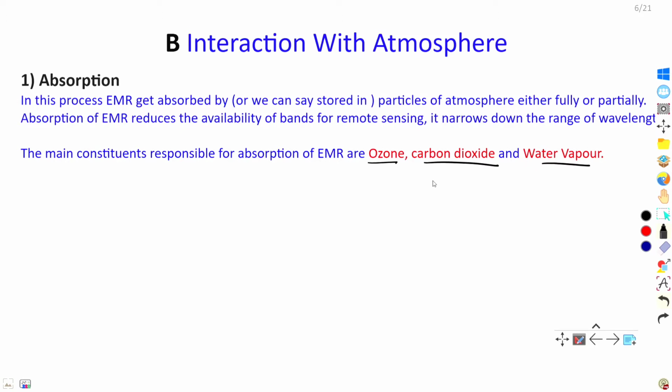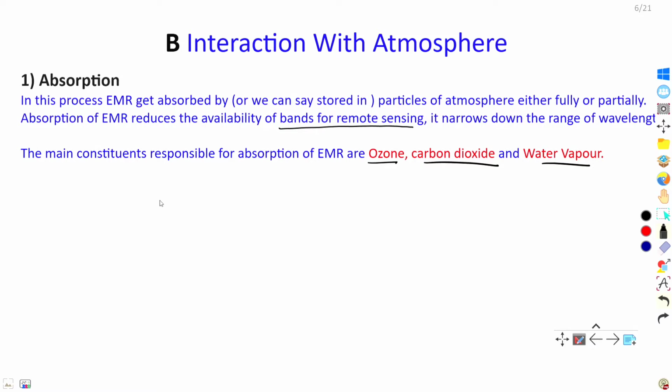These constituents narrow down the bands which are available for remote sensing. Because of these types of particles and constituents, we are not able to get the full electromagnetic radiation to the target. Only some amount of electromagnetic radiation from the sun, or we can say space, is able to reach the target.